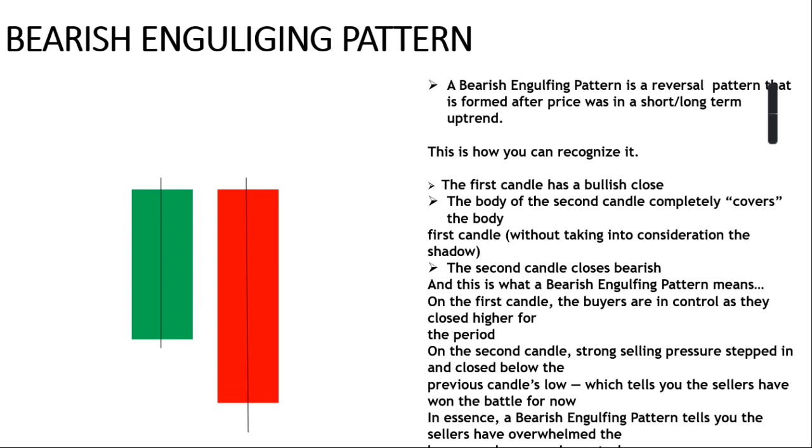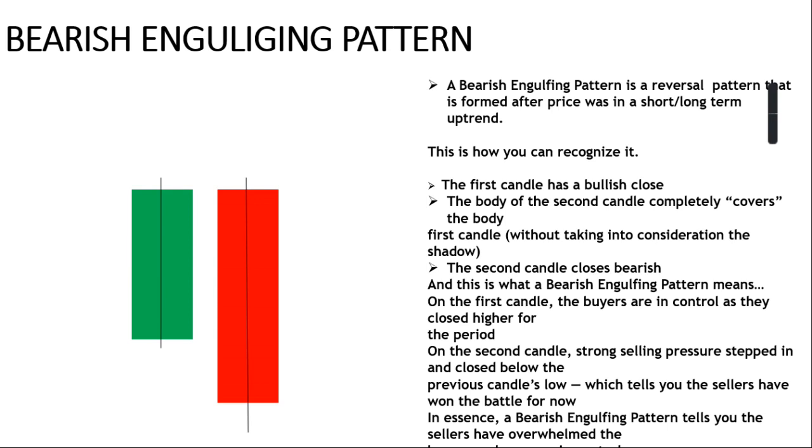This is the opposite of the bullish engulfing pattern. It's called a bearish engulfing pattern, just like we said. So the first candle closes bullishly, and then the second candle closes bearishly and covers the previous candle. You can still read it, but of course, this shows the first candle with a very bullish close and the second candle with a bearish close, and it covers the first candle completely, which is what it means to engulf: to swallow, meaning it has swallowed the previous candle.